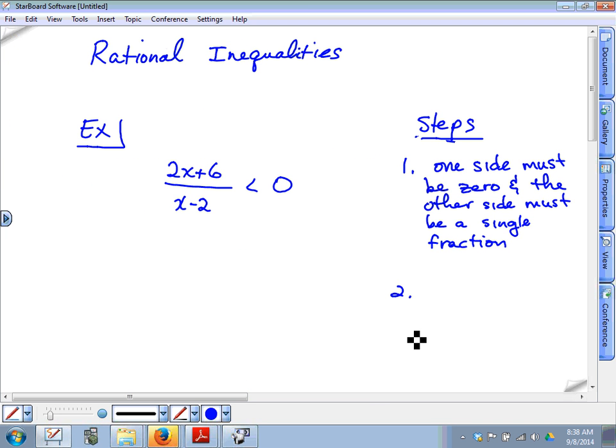Now, step 2. This is probably a little more of a difficult step than step 1. You need to find what are called the critical values. I can't even spell it. Find all the critical values. Now you need to write down what this means.